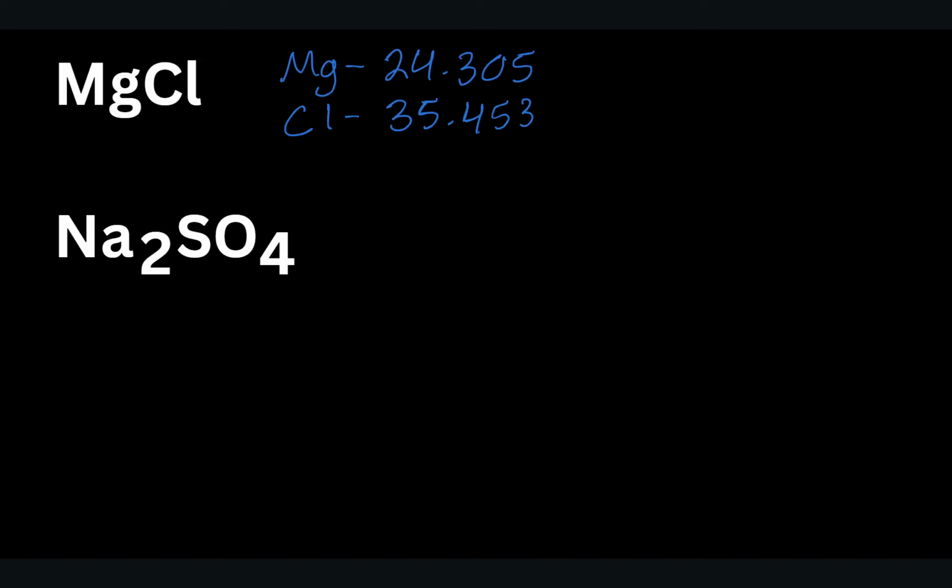Those numbers are just coming from the periodic table, and we're going to add those together. Adding those together, we should get 59.758. Remember that our units for molar mass are grams per mole. All right, let's take a look at our next example.